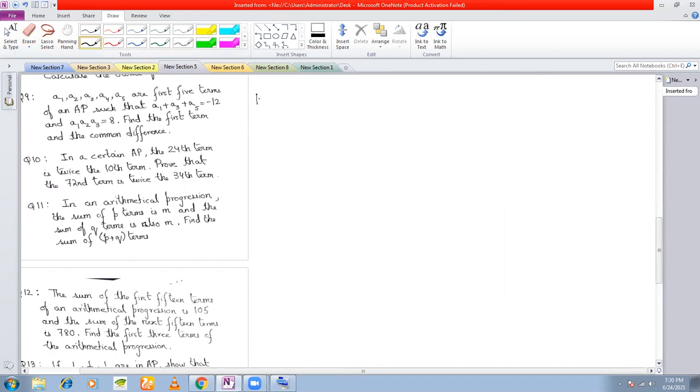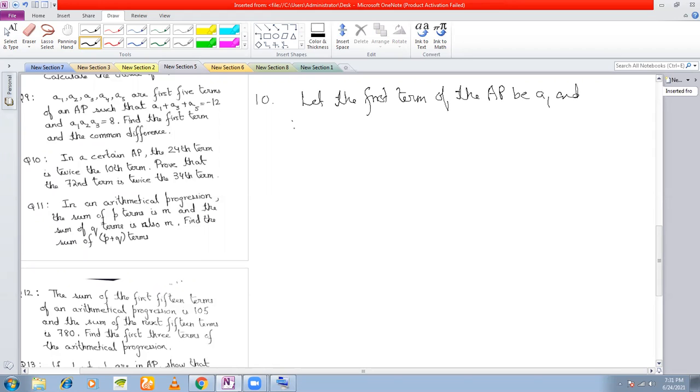Question number 10 here is, in a certain AP, the 24th term is twice the 10th term. So here, I say let the first term of the AP be A1 and the common difference be D. So what is given here?